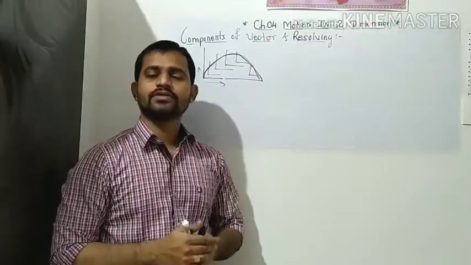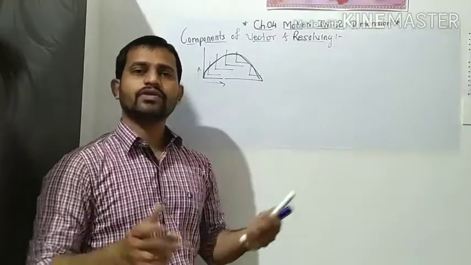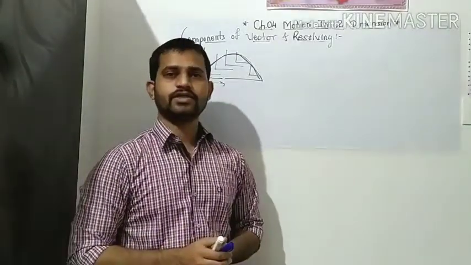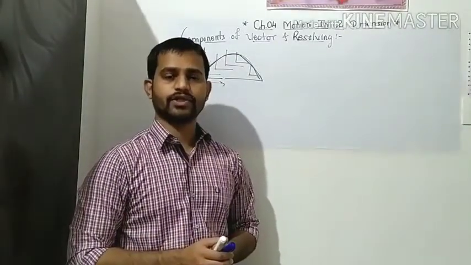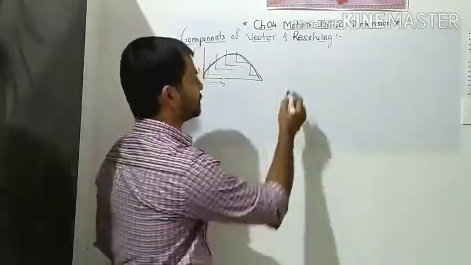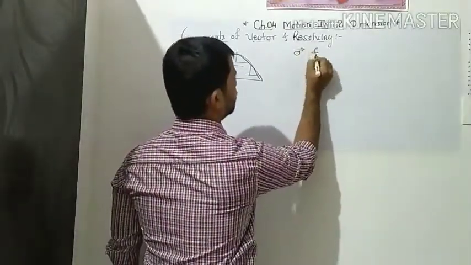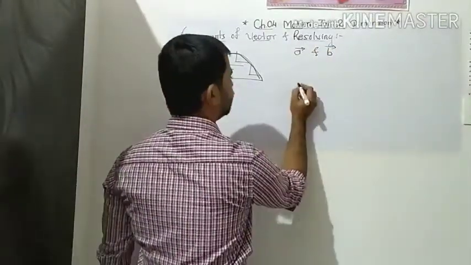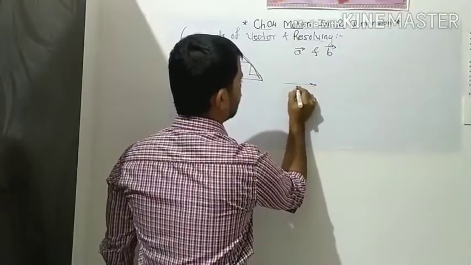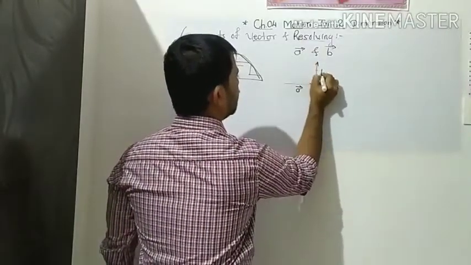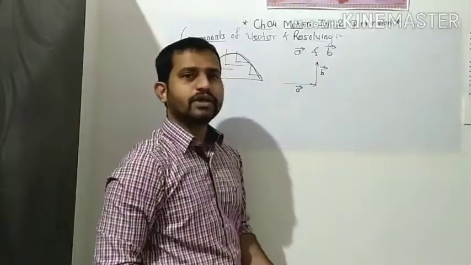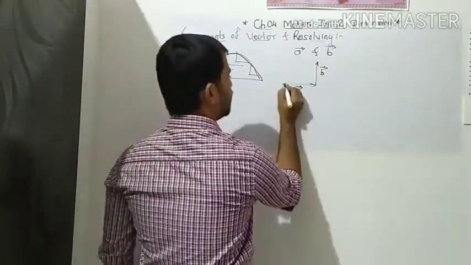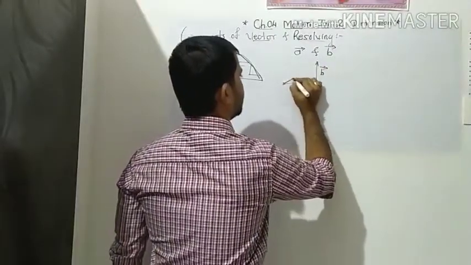If we have two separate vectors, we can find the final resultant of combining them. Suppose we have vector A and vector B; this is vector A and this is vector B. We can find the resultant by joining the initial point and the final point.